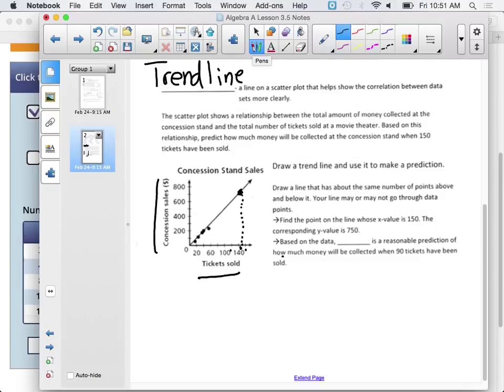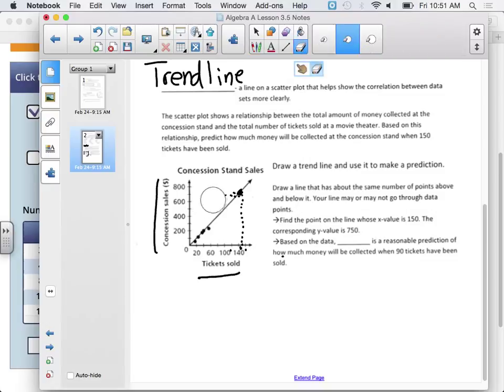Okay, so, does everyone have their point where 150 meets the graph? Okay, so, from here, now we turn our rulers over and start going towards the rest of the graph.